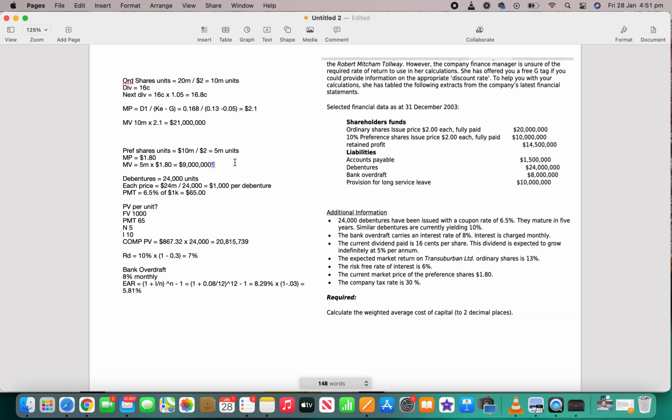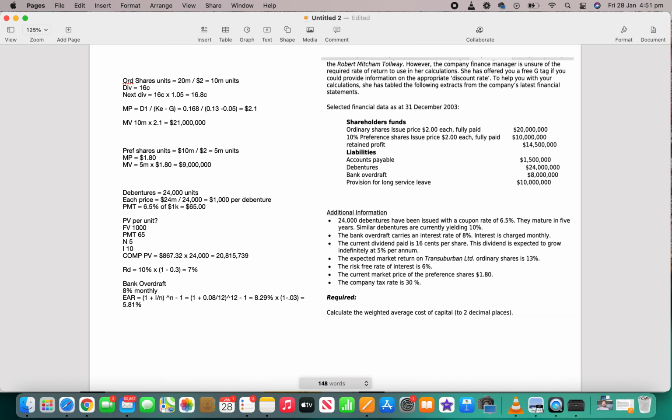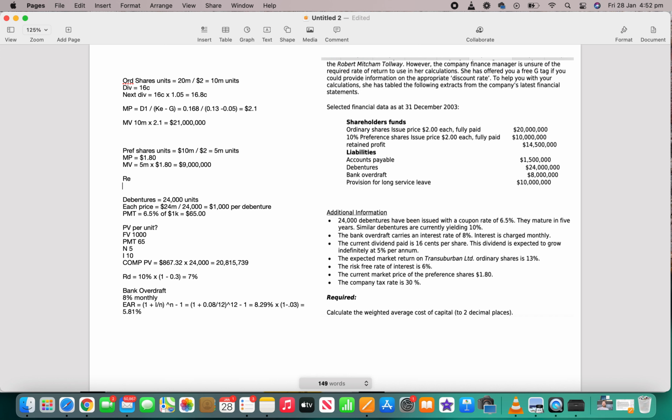Now, the next part is where I was getting a little confused: our cost that we need to calculate, because it's not telling us what the cost is. They're not giving us the expected market return like they have with the ordinary shares. In the question up the top, it says 10% preference shares of $2, so we know our dividend is 0.20, 20 cents, and our current market price is $1.80.